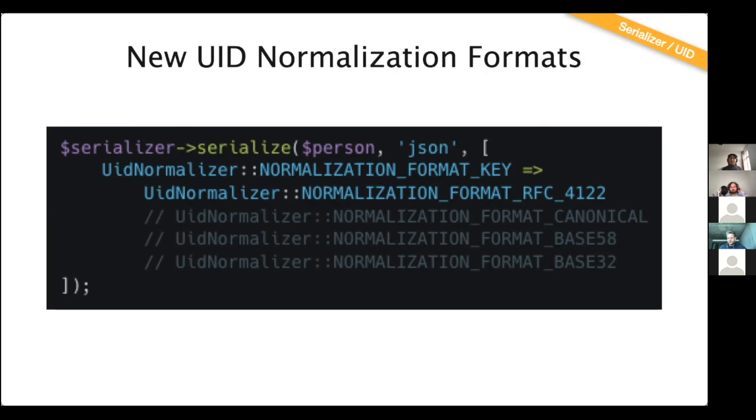So basically, if you have a large object and a bunch of UIDs inside that, before it would only show up in the canonical representation. You couldn't really say, I want it in base 58 or whatever, and now you can. So yeah, that's really helpful. It really spares you from having to write a lot of custom code.